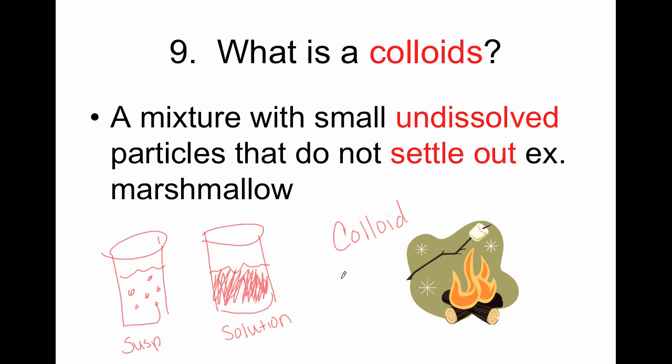And a great example of this is a marshmallow or fog. Fog particles in the atmosphere are very easy to see. In fact, they're so large that they block vision. But another really dangerous thing about fog being a colloid is that colloids also scatter light.